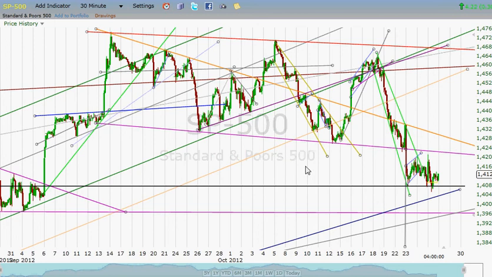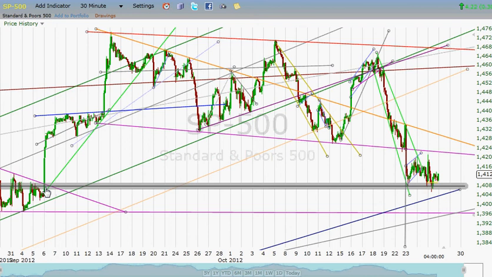And if we start to take out more of these support levels, then I think you got to be careful. You got to be willing to make a decision. Where we are bouncing currently is roughly right at this gap back here from early September.